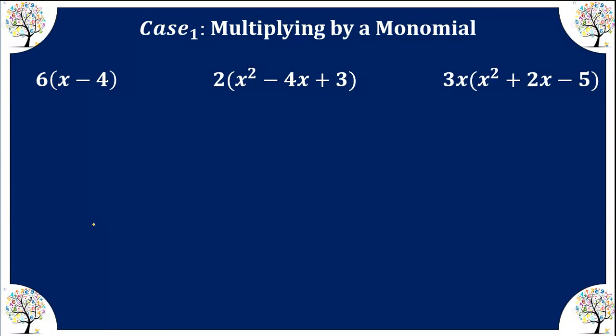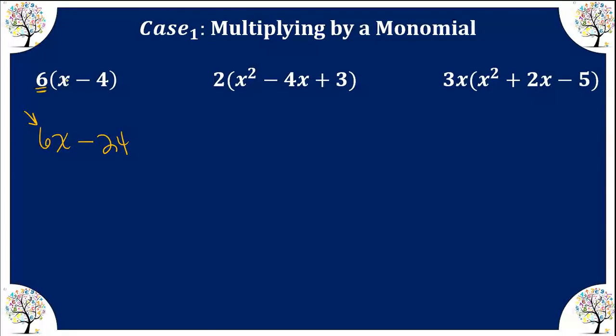Before we learn to factor out a GCF, let's see how it was produced. Here we have a monomial 6 being multiplied by our binomial, which gives us 6x minus 24 when we apply the distributive property. This 6 was the GCF of our new binomial.